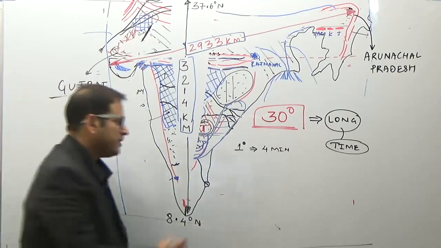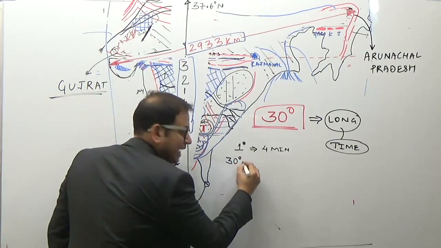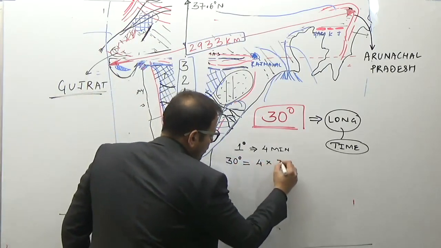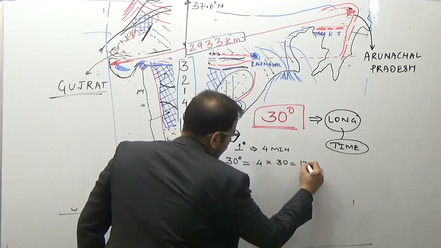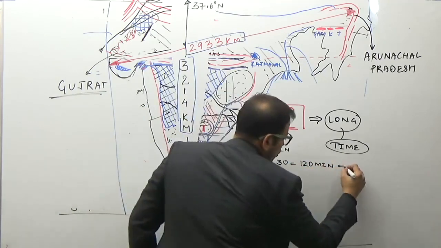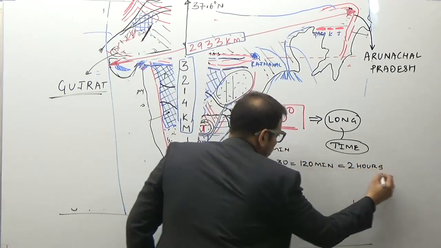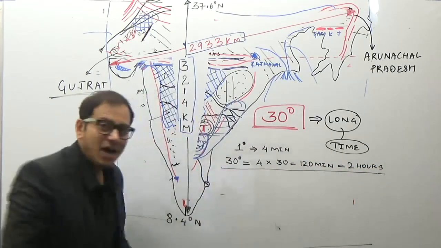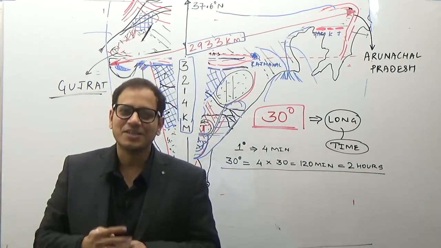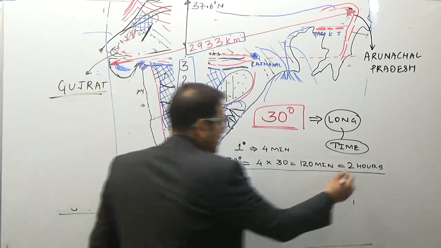So for 30 degrees, the time difference will be around 4 minutes into 30, which comes to around 120 minutes, that is 2 hours. So what is the difference between Arunachal Pradesh and Gujarat in terms of sunrise or time?